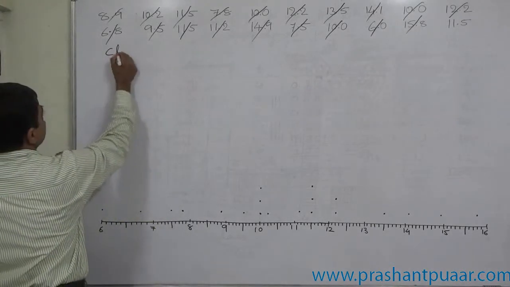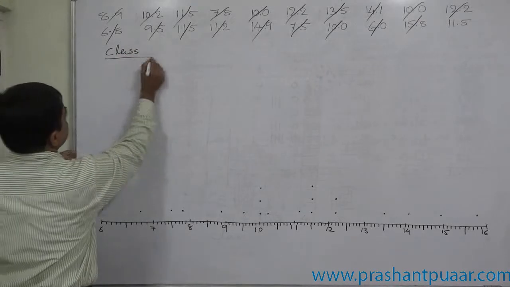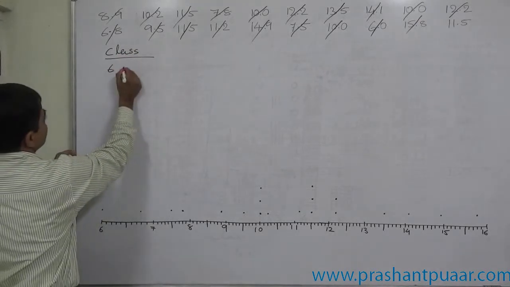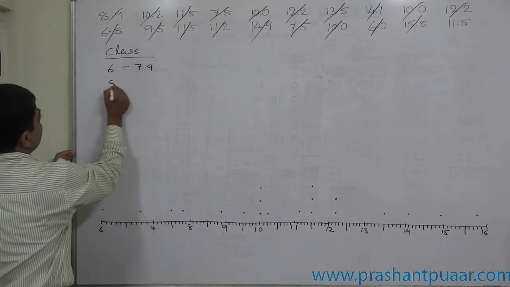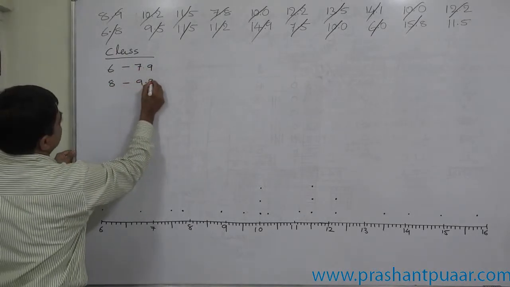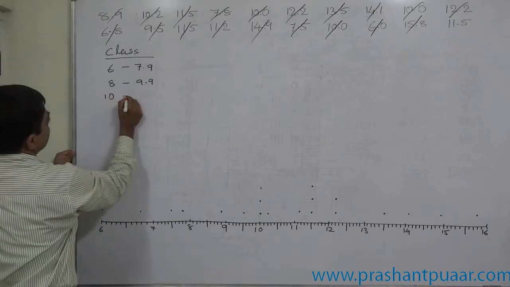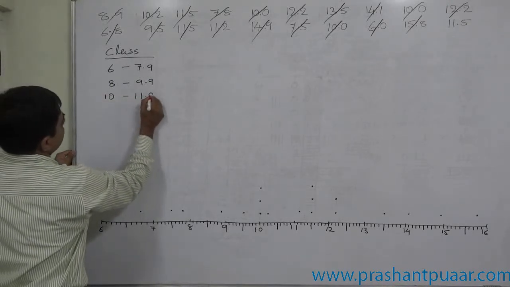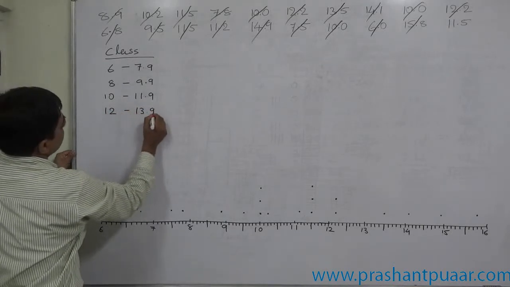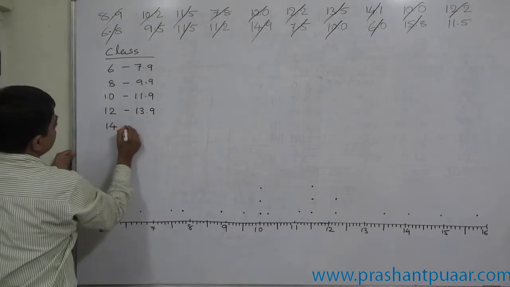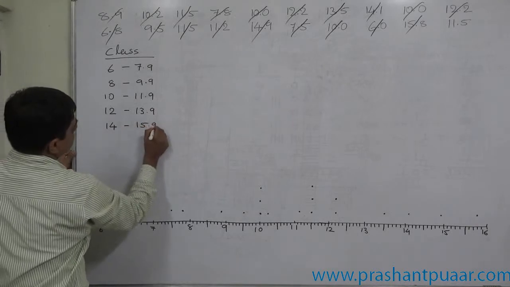So we are going to prepare a frequency distribution. Classes 6 to 7.9, 8 to 9.9, 10 to 11.9, 12 to 13.9 and 14 to 15.9.